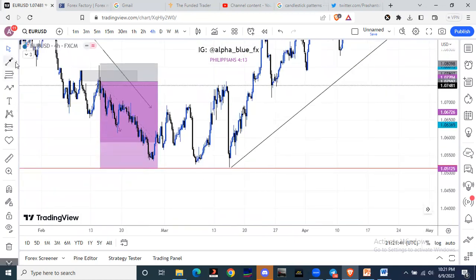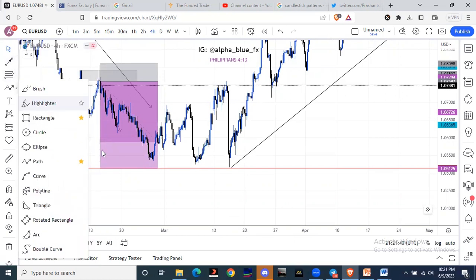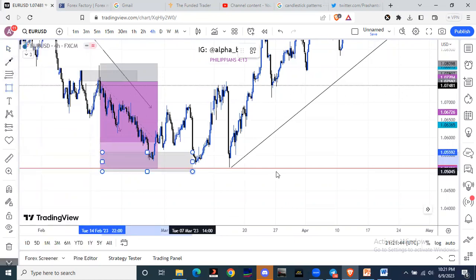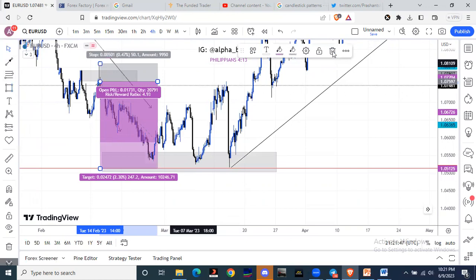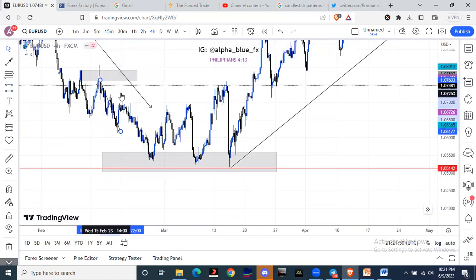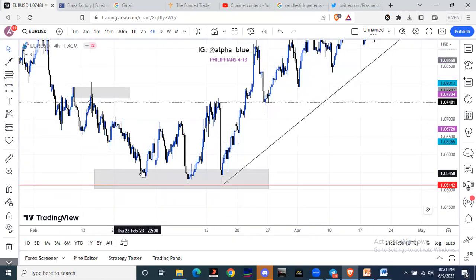Price came, see this horizontal level. Let me delete some of these things. So you see that when price came here, it formed the first bottom here. It came and formed another bottom here. So this right here was a double bottom. Immediately it gave the double bottom, you see that price pushed to the upside.